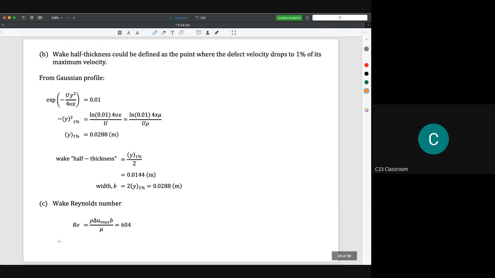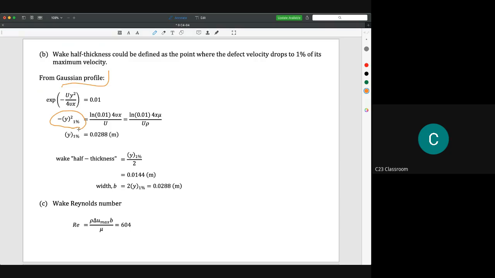Then the wake half thickness can be defined as the point where the defect velocity drops to 1% of its maximum velocity. From the idea of the Gaussian profile, we use this equation, set it equal to 0.01, and substitute y at 1%, 0.01.